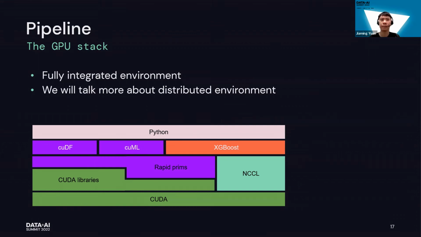To give you an example, if you have a cuDF data frame used for feature engineering, XGBoost can take that data frame directly, and XGBoost understands the Arrow format. Also, XGBoost, cuML and cuDF can share the same GPU memory pool based on RAPIDS primitives, specifically RMM. On this stack, we show only the single node model, and we'll extend this stack later to distributed frameworks.